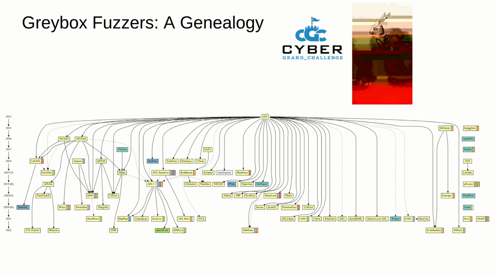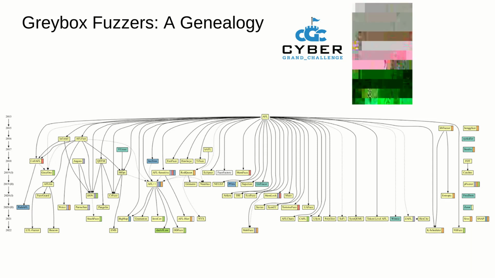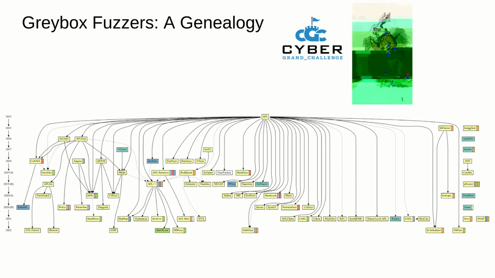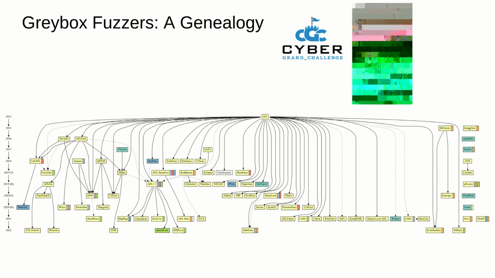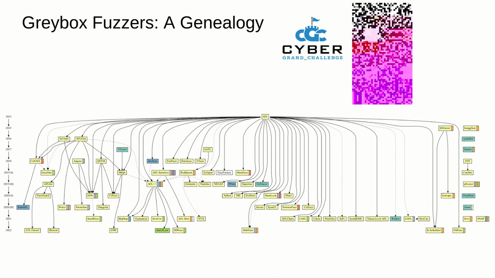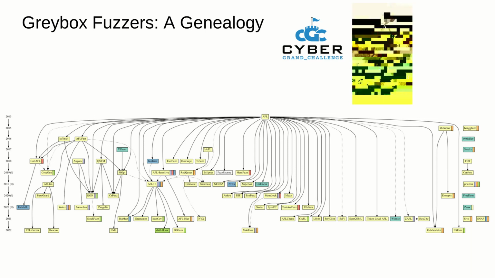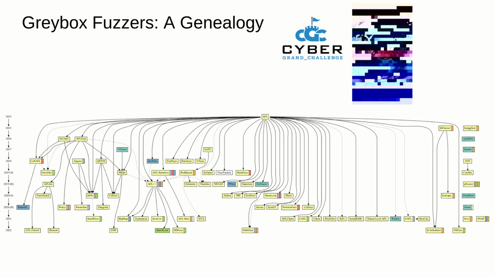So Greybox fuzzing then by itself explored the different kind of sub-functionalities that were reachable through these different styles of mutation. And all of these fuzzers are papers at top tier conferences that have been published in the last couple of years. So you see this massive explosion of new fuzzers that came out.